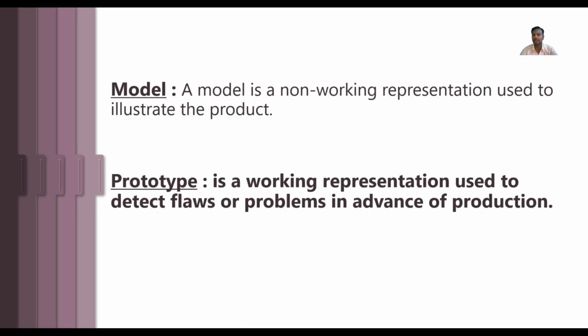Then what is a model? A model is a non-working representation used to illustrate the product. But a prototype is a working representation used to detect flaws or problems in advance of production. In a prototype, we mainly observe the actual working representation.